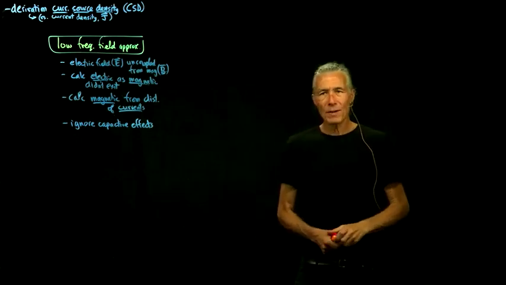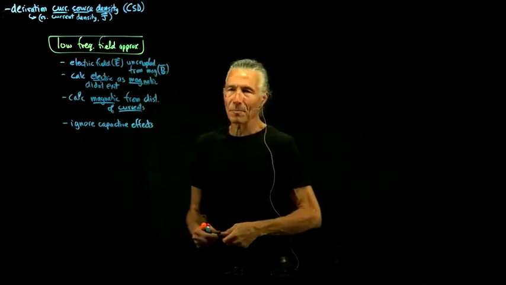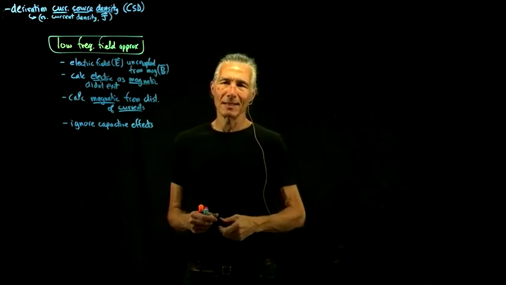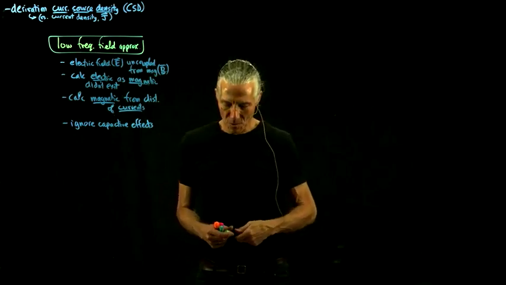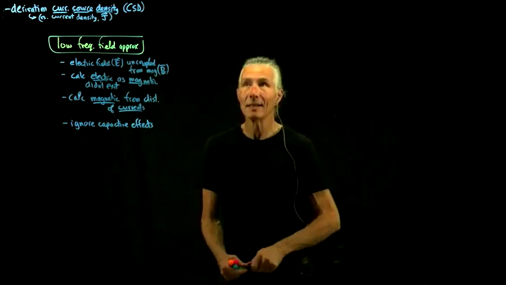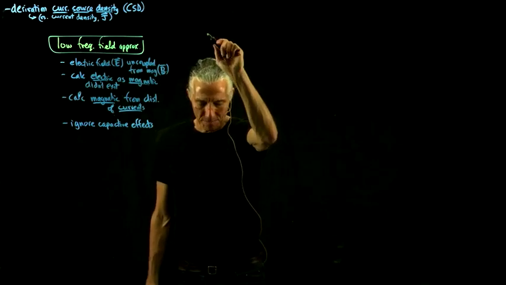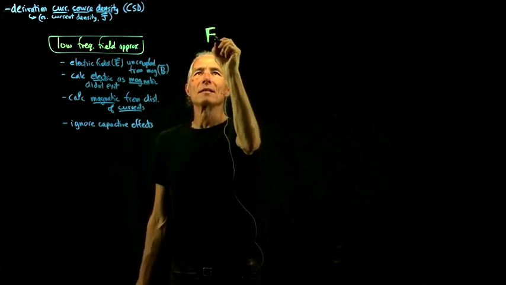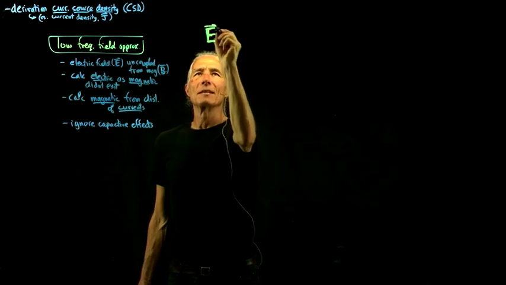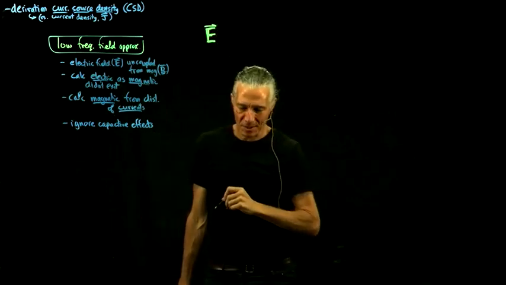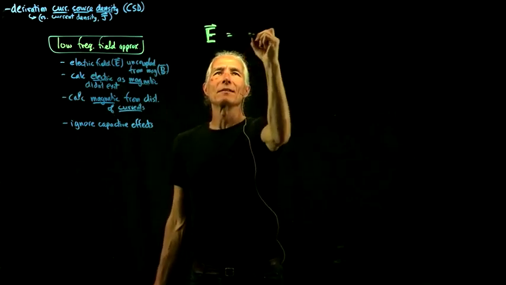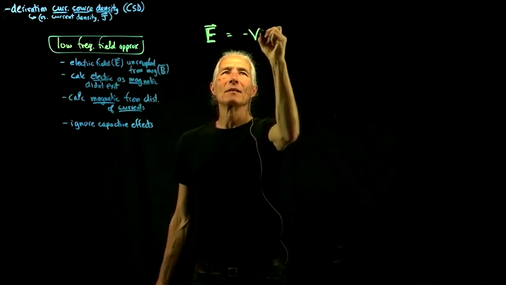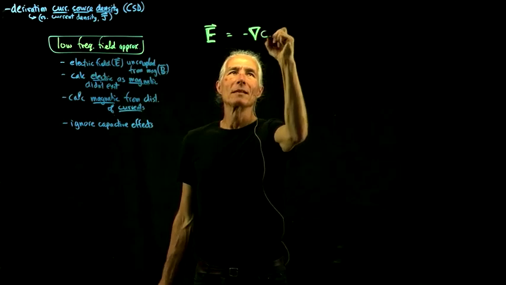But another way we can define it is by how we would measure it. One way we would measure it is, here's the electric field, to take the gradient of the potential. So the electric field is the negative of the gradient, the steepest uphill direction in the potential.